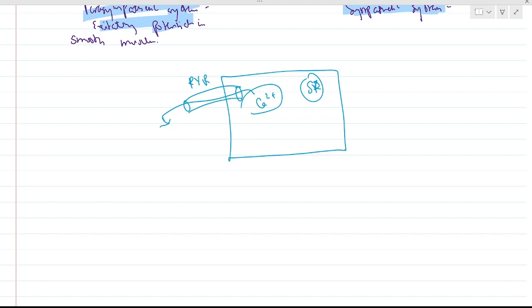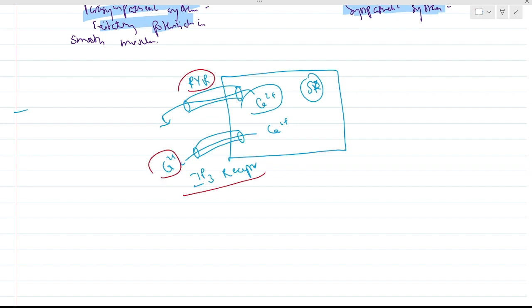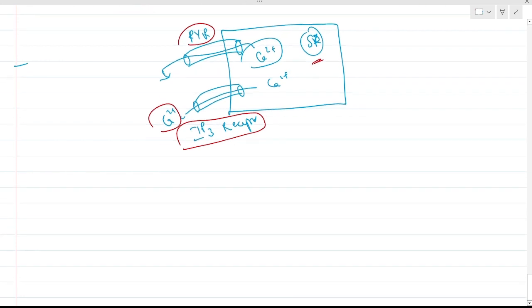Along with that, we also have our IP3 system, the IP3 receptor, which is also for efflux of calcium. So the point is that along with the ryanodine receptor, the IP3 receptor is also present in the sarcoplasmic reticulum.